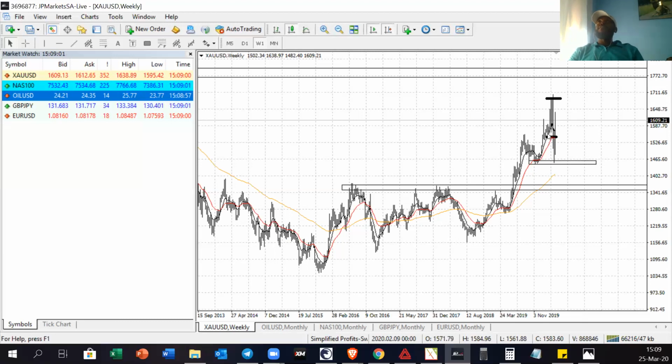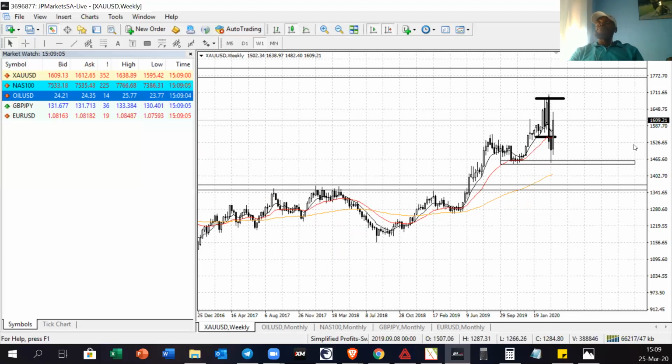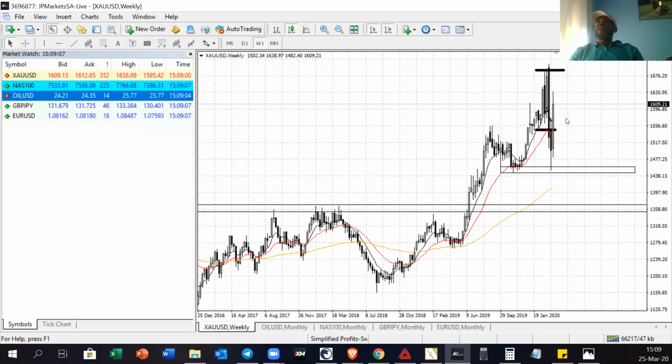The weekly chart is also telling me that last week price broke its moving average, well, I don't want to say breaking its trend, but price came below.